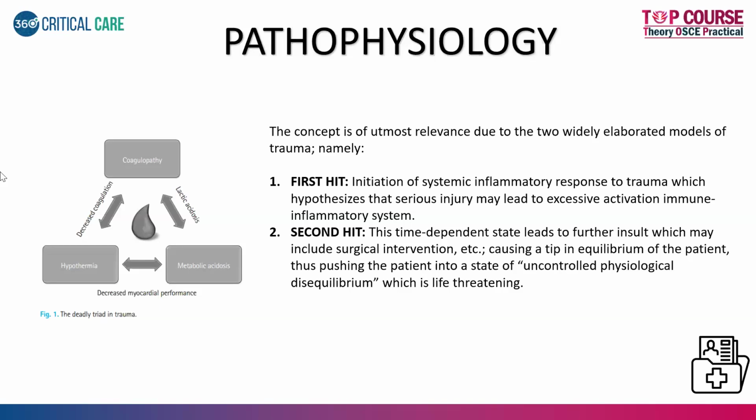Okay, so coming to the topic per se, the pathophysiology usually involves two things: the first hit and the second hit hypothesis, like you see in your neoplasia also. First hit is initiation of the systemic inflammatory response, which is usually due to trauma. Okay, because of SIRS setting in because of trauma, that leads to an imbalance in the inflammatory mechanism. Right, there is an imbalance between your pro and the anti-inflammatory parameters.